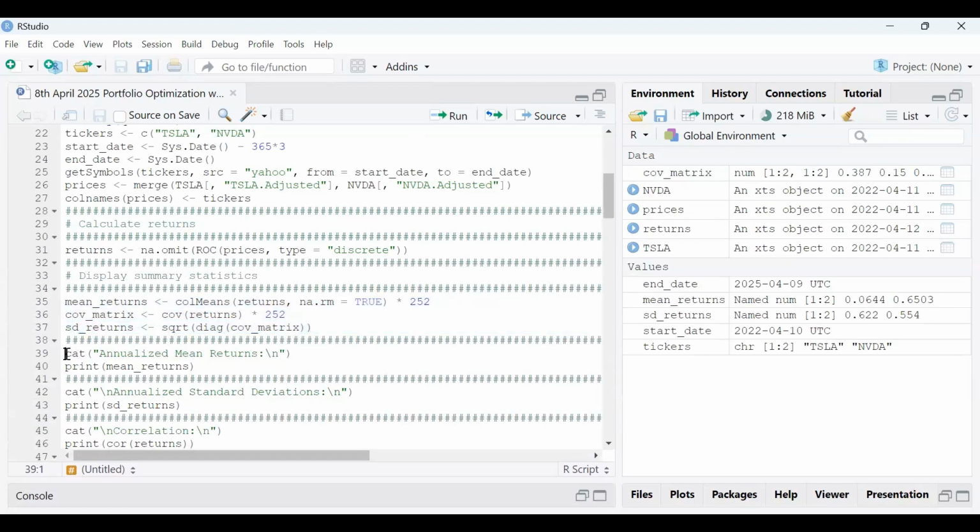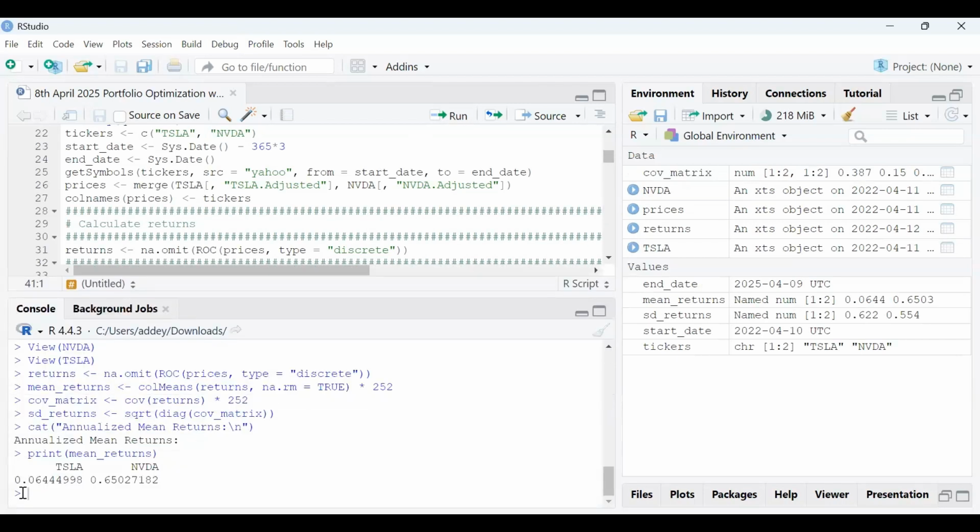So now I can decide to look at the means for these two stocks. So let's look at the mean returns for these two stocks. And what you are seeing here is that over the past 3 years, the annualized mean return for Tesla is 0.06.